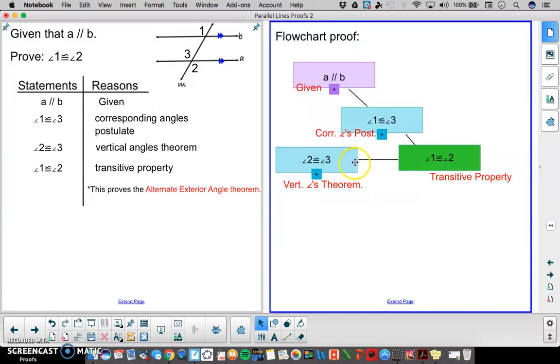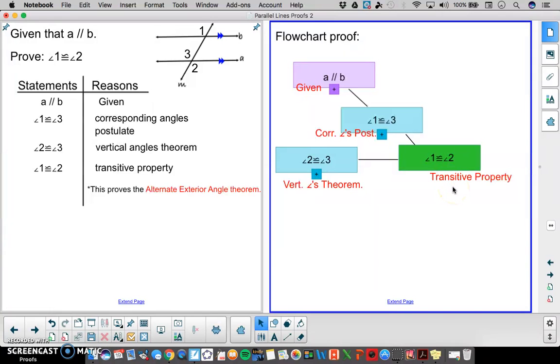So notice how this green transitive property conclusion is connected to both the vertical angle theorem and the corresponding angle postulate statement. Because we said 1 was congruent to 3 and 2 was congruent to 3, both of those statements were used to conclude that angle 1 was congruent to angle 2 by the transitive property.